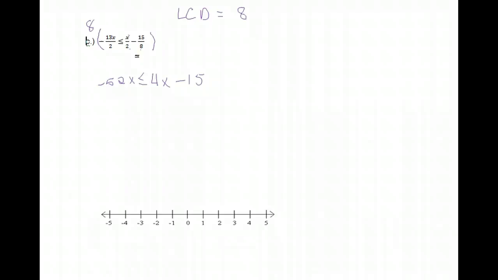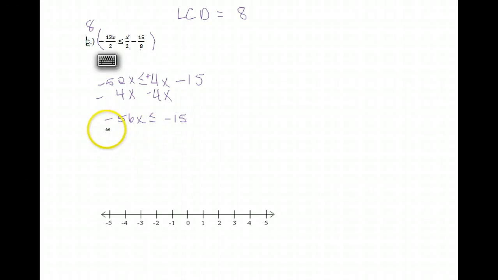Since the negative 52 is already more isolated because there are no terms with it, we should move the positive 4x. So to move a positive, we will use subtraction. So we will subtract 4x from both sides. When your signs are the same, you keep the signs and add the numbers. So we have negative 56x is less than or equal to negative 15.